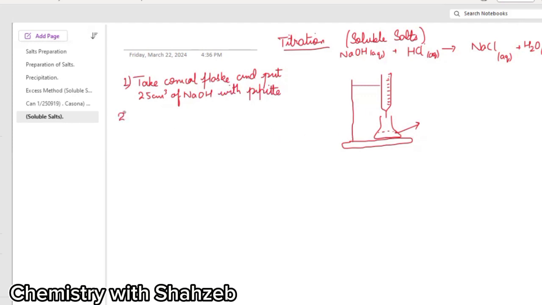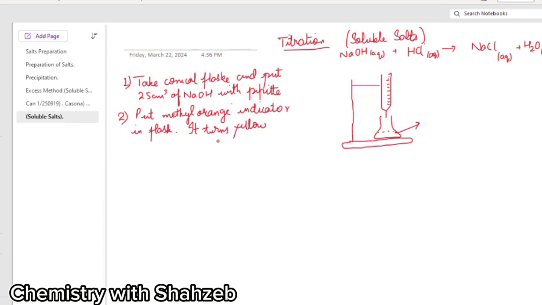Now, put methyl orange indicator in the flask.